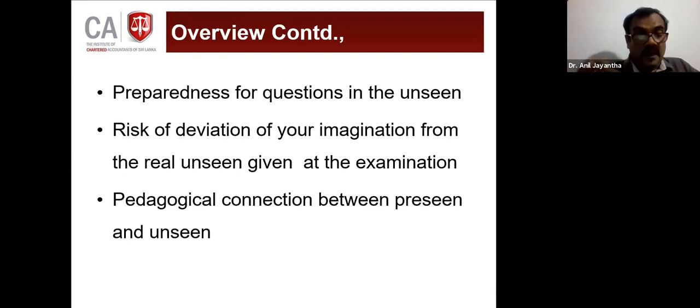There are very few chances with respect to the program outcome, because this is CA Sri Lanka. At the strategic level, you are learning something unique to that particular level. Therefore, the learning objectives are there, but the preseen and unseen may link to some learning objectives of the entire program, that is CA Sri Lanka.